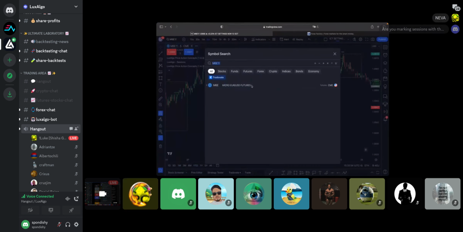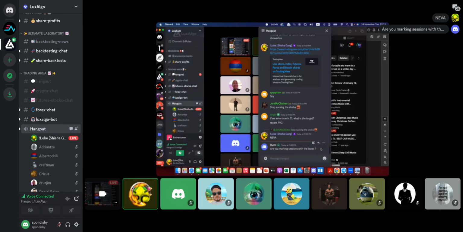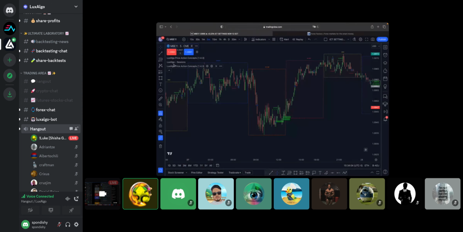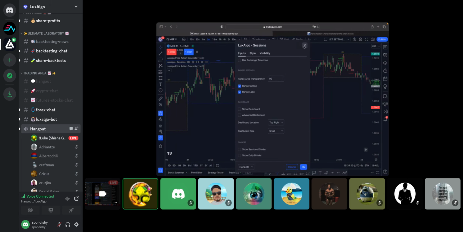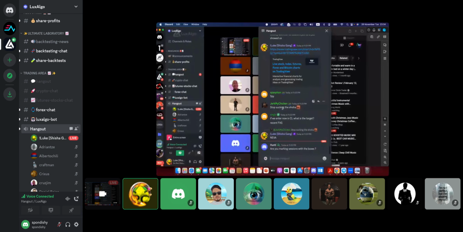Are you making the sessions with these boxes? No, these sessions are coded by LuxAlgo. The settings are also what I sent in the group chat. It's special settings, not the settings of the sessions that you normally know.